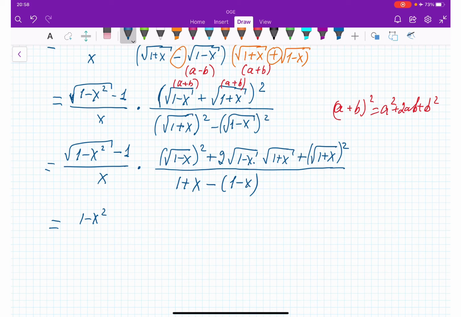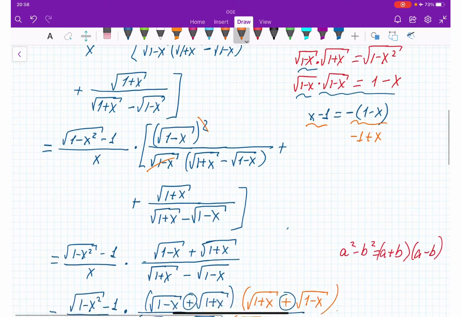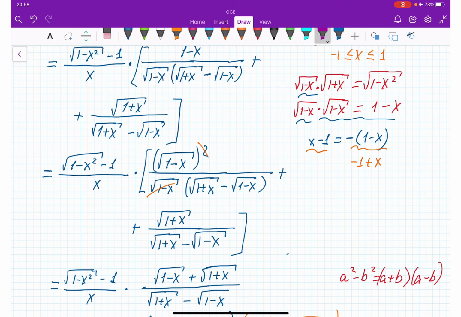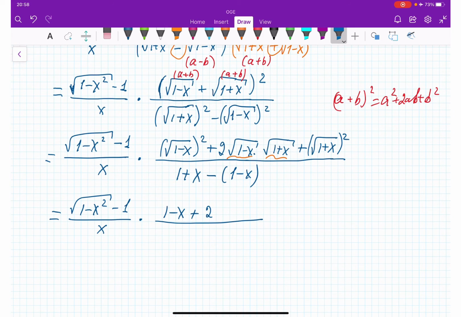1 minus x squared square root minus 1 over x times. So square root of 1 minus x squared is going to be 1 minus x plus 2 square root of 1 minus x times this one. Remember what we had here? I wrote it down. It's right here: 1 minus x squared. So 1 minus x times 1 plus x is going to be 1 minus x squared, right?